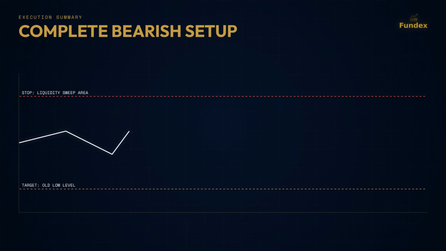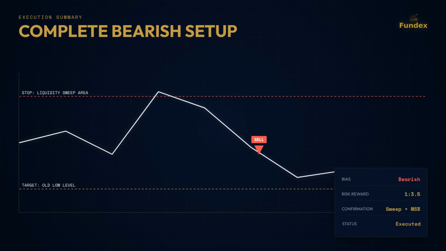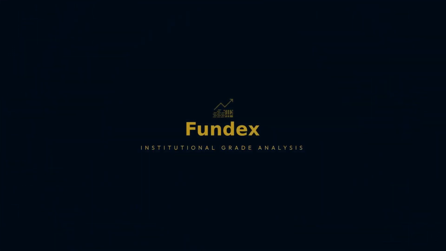After the confirmation closes, the entry may be taken according to the execution model. The protective stop may be placed above the liquidity sweep or above the confirmed swing high. The target may be the old low, equal lows, the previous day's low, or another clear sell-side liquidity objective.